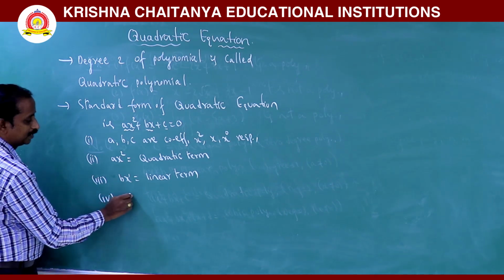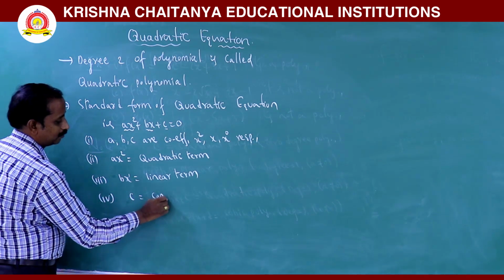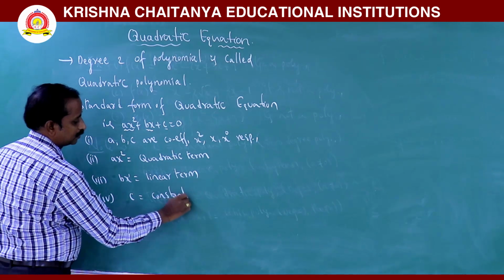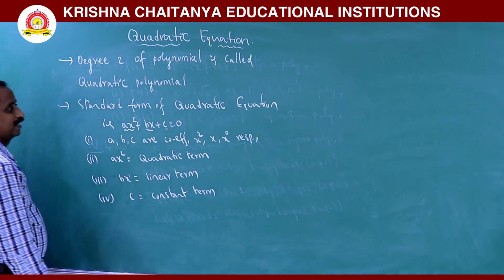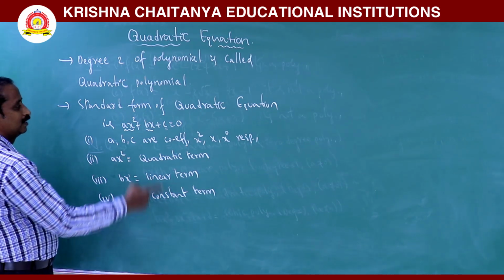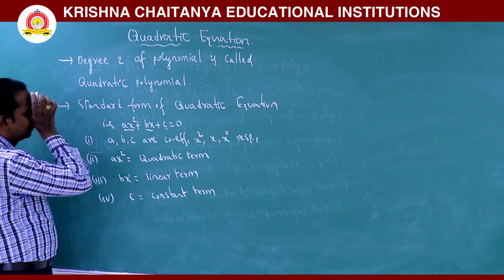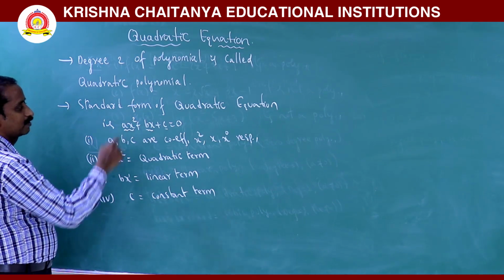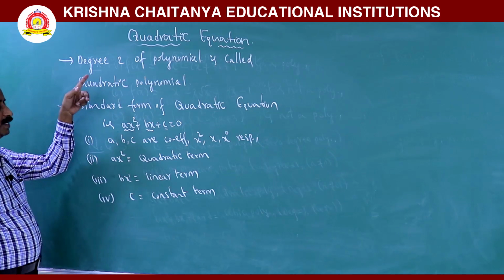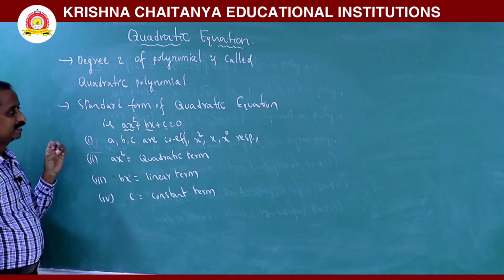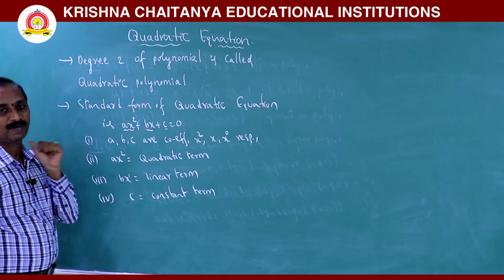Next, c is called the constant term. So keep in your mind, the standard form of quadratic equation is nothing but ax square plus bx plus c is equal to 0. Quadratic means degree 2. Now we discuss the root of the polynomial.